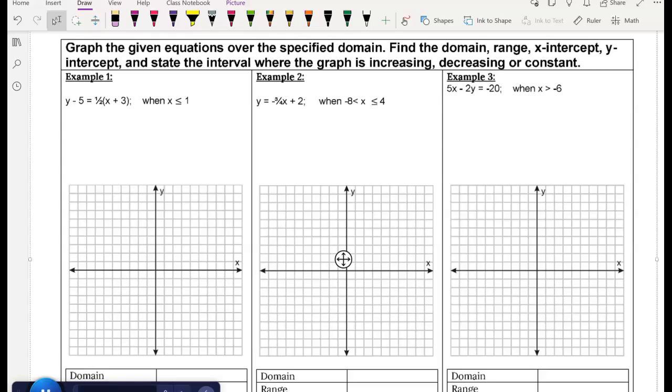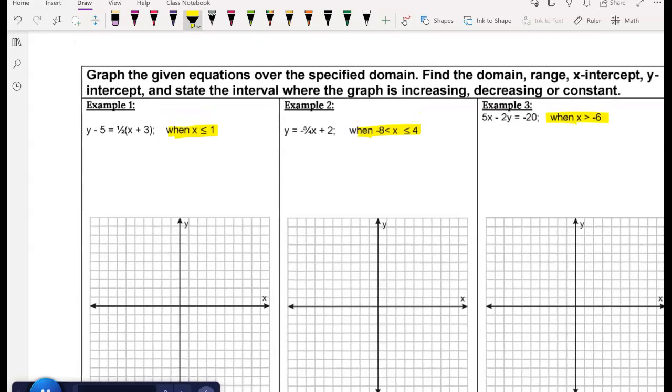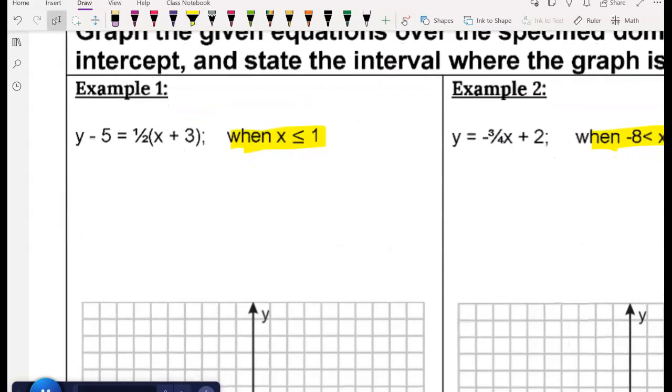Graph the given equations over the specified domain, okay? So these are the given domain here. We sometimes call it constraint. Find the domain, range, x-intercept, and y-intercept, and state the interval where the graph is either increasing, decreasing, or constant. So the first one is a point-slope form. y - 5 equals 1/2 times the quantity of x plus 3.